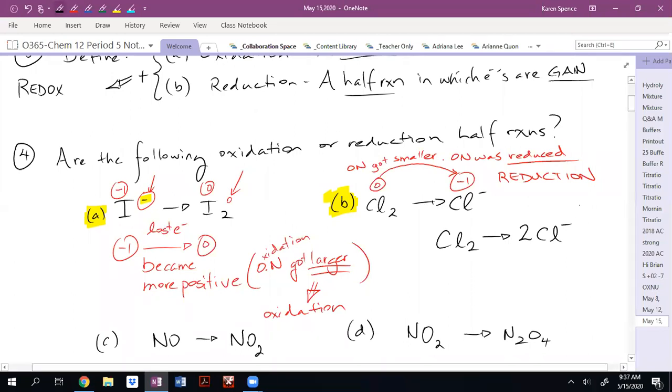And so we add electrons, and because electrons are negative, we add the electrons to the side which is more positive. So because we have 2 negatives over here, we need to add 2 electrons to this side, so there's a 2 negative charge on both sides. You need to make the charge on each side equal. Once you've done that, you can see the electrons are going in.